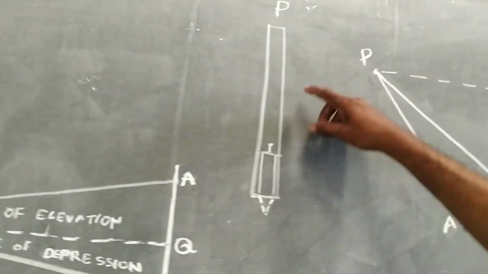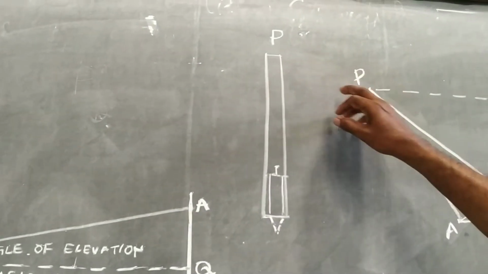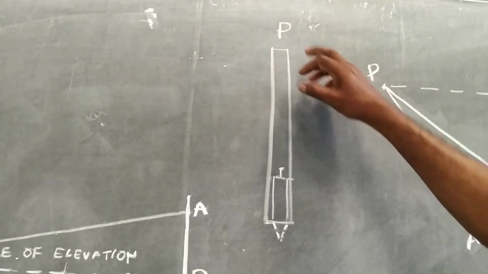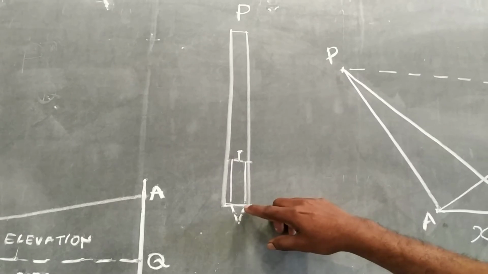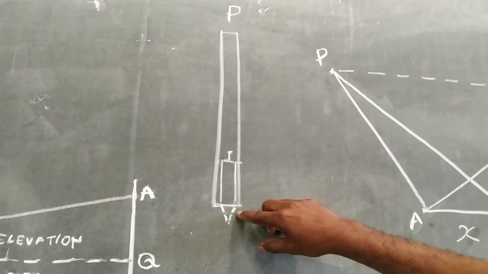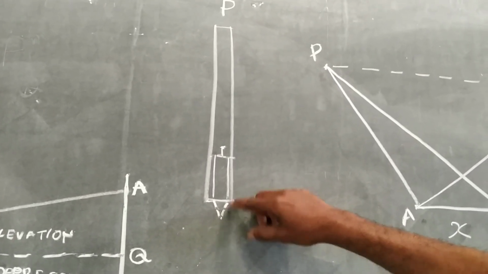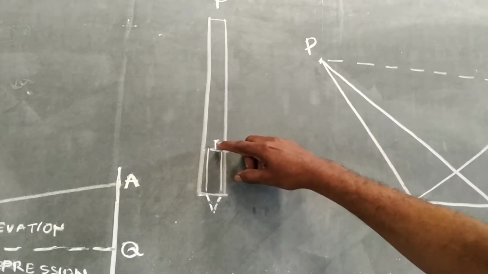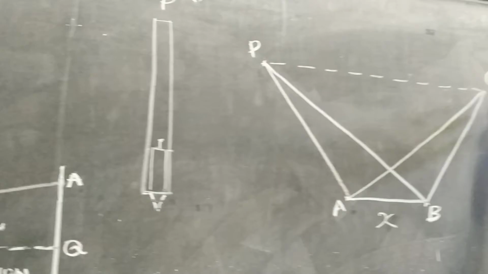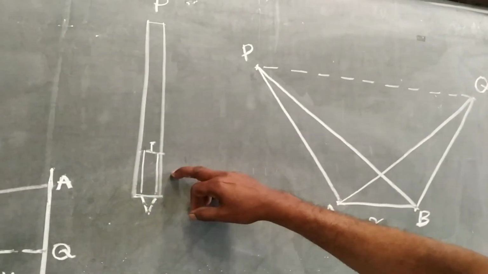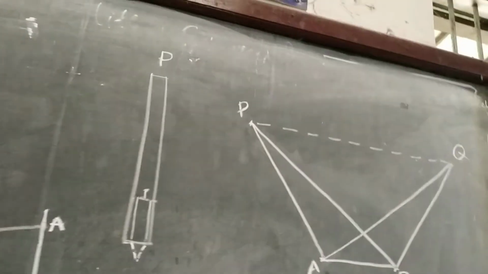You can see this picture. This is the point P, and on the ground we erect another wooden peg and a nail, because we want the level difference. At the same time the Q point is also like this, another point is there.